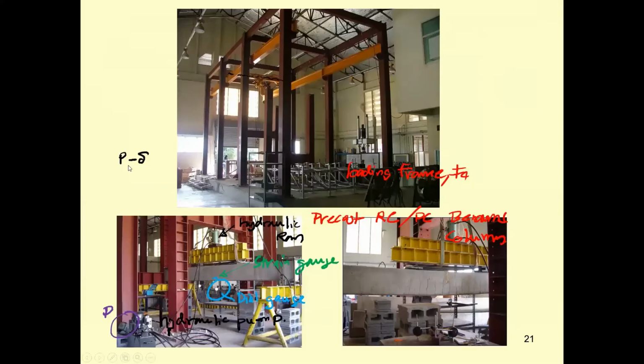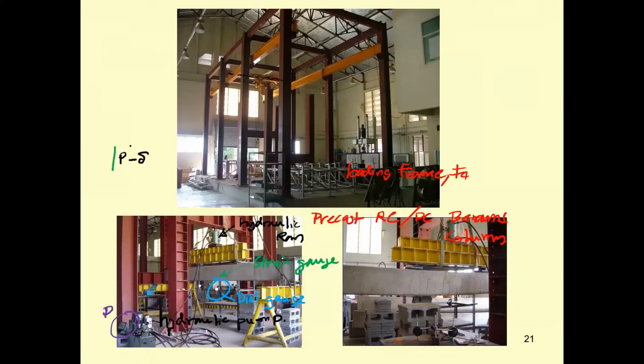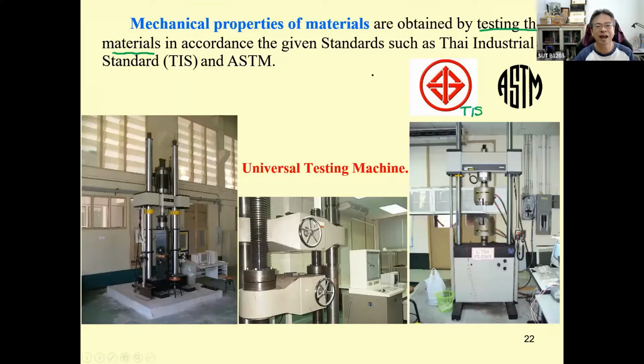For this one, we get P-delta, which represents the behavior and the failure mode of the structure. We test it according to the standard. Why do we set the standard? The standard is important. It will warranty the minimum mechanical properties of the materials that we buy and are going to use.